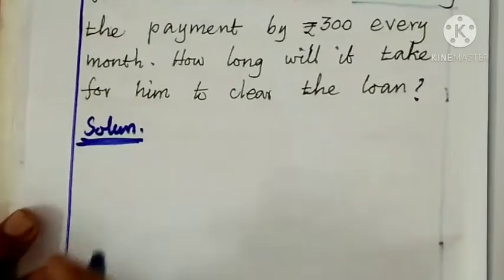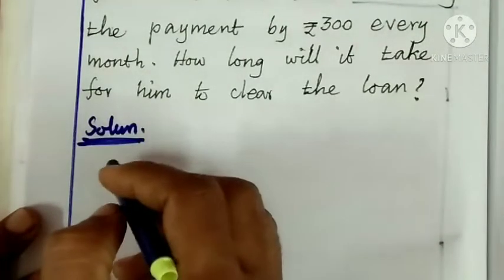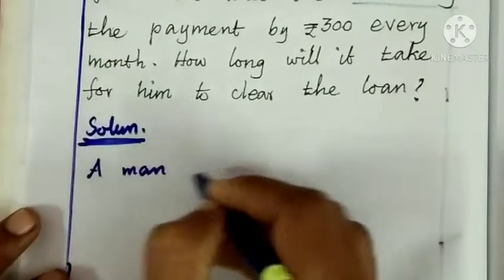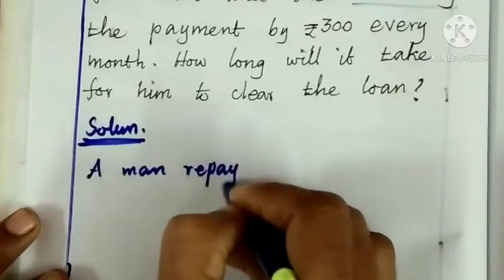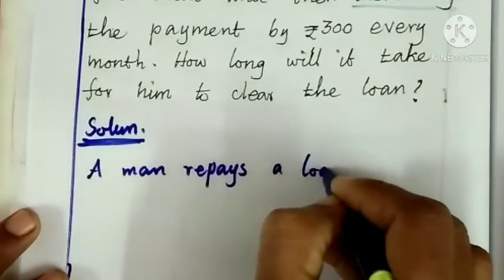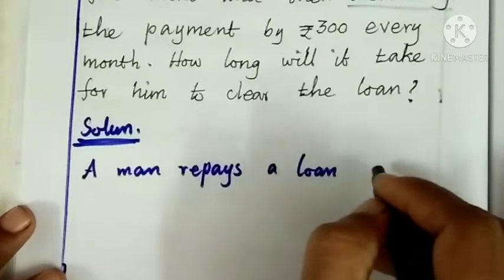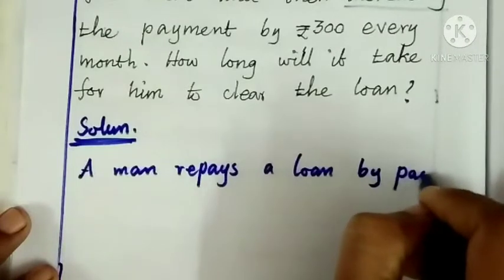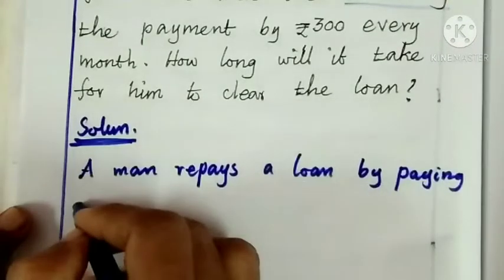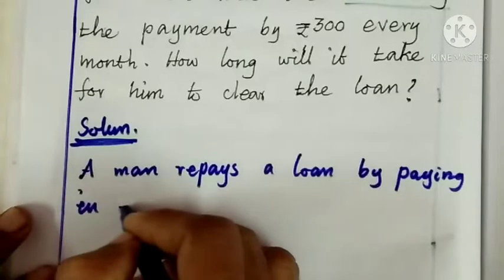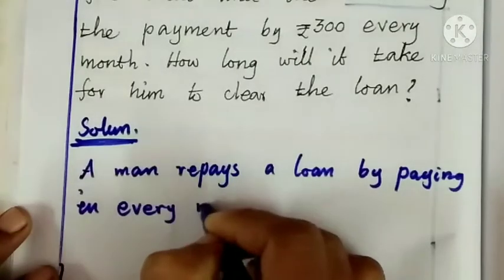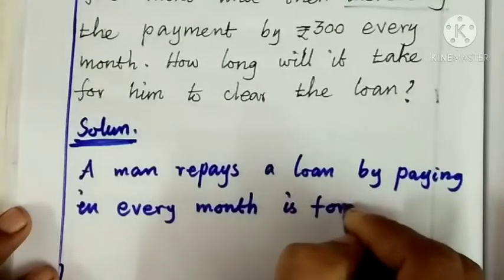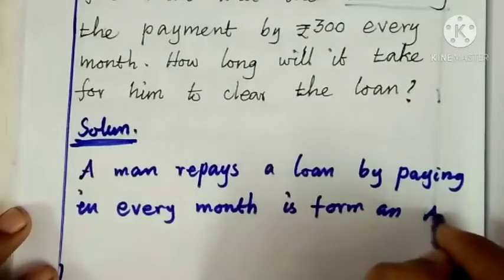First you take down and write the given, that is, a man repays a loan by paying in every month, it forms an AP.